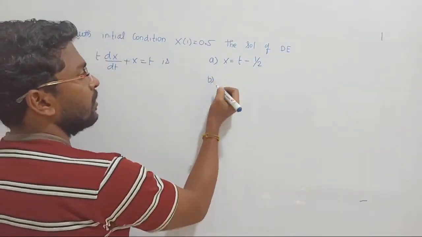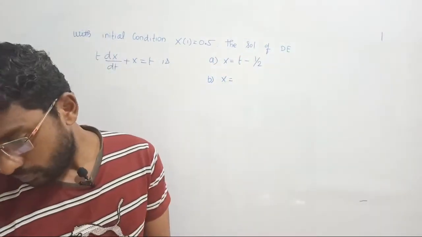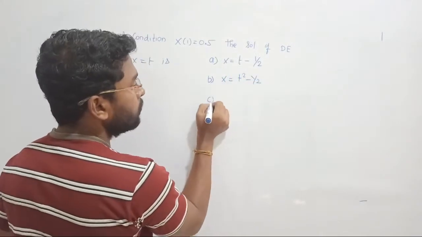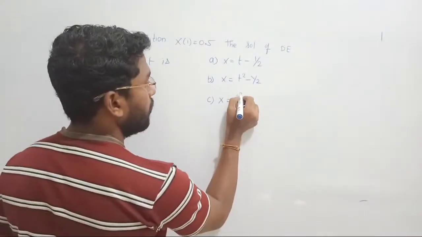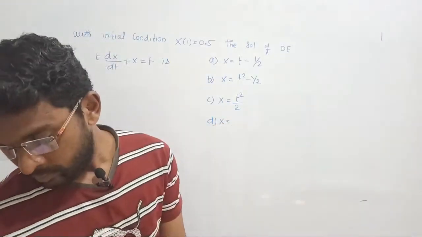Second, x equal to t square minus 1 by 2. Option C, x equal to t square by 2. Option D, x equal to t by 2.